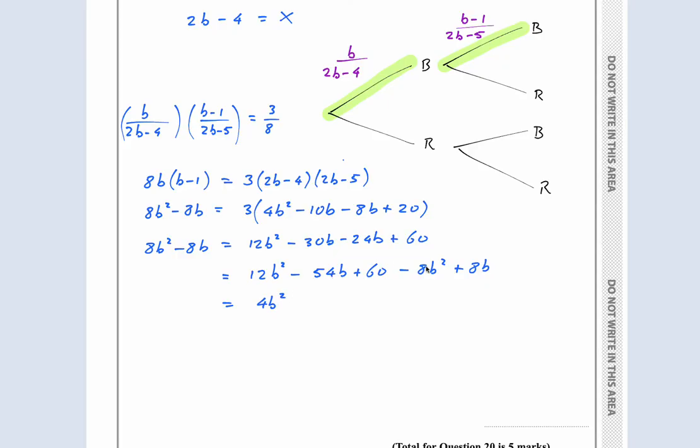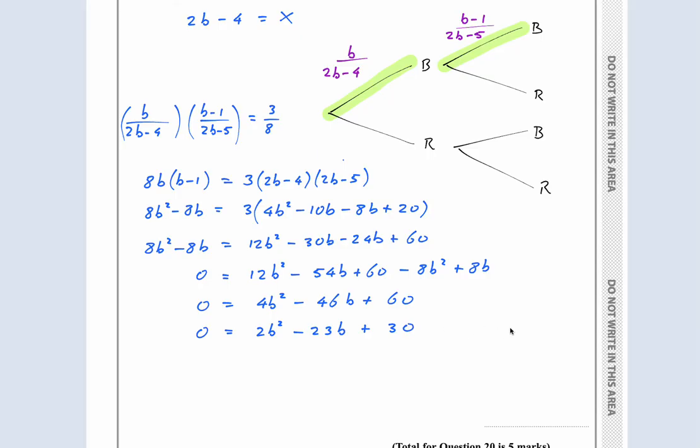Minus 54b plus 8b would actually be minus 46b, plus 60. And sorry, I should have said this equals 0. Now I'm going to divide by 2, just to make it more simple. So this is 2b squared minus 23b plus 30.